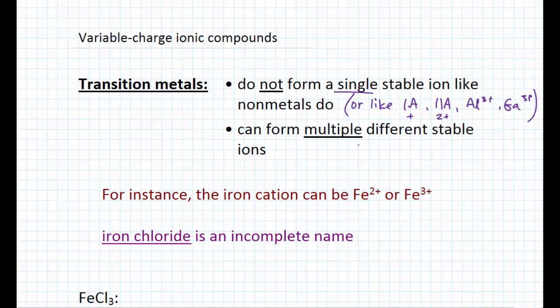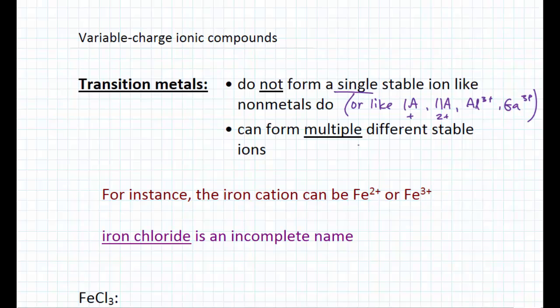We talked about gaining or removing electrons to get to a noble gas configuration, okay, for those predictable ones. But transition metals and various other elements, there are multiple ways that they can become stable.